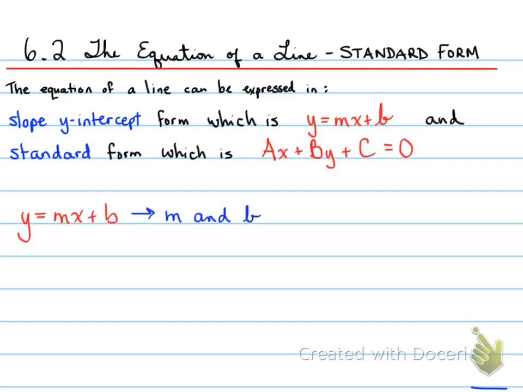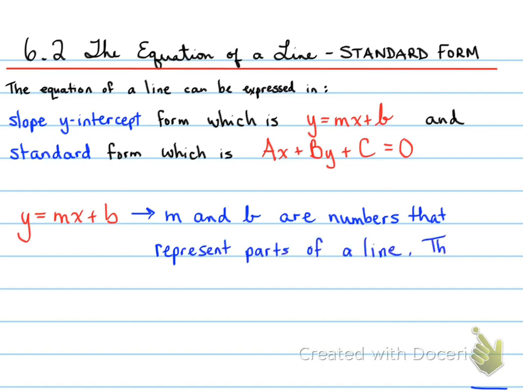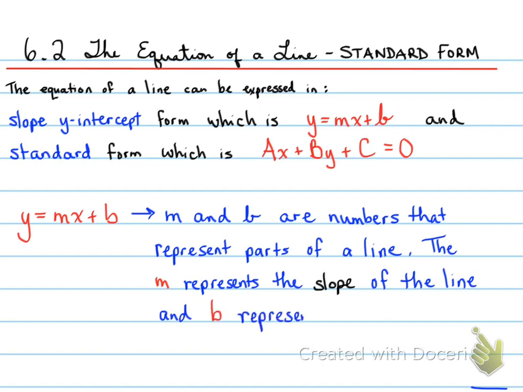Y equals mx plus b tells us some important information about the graph. M and b are numbers that represent parts of a line. For example, the m represents the slope of a line and the b represents the y-intercept.